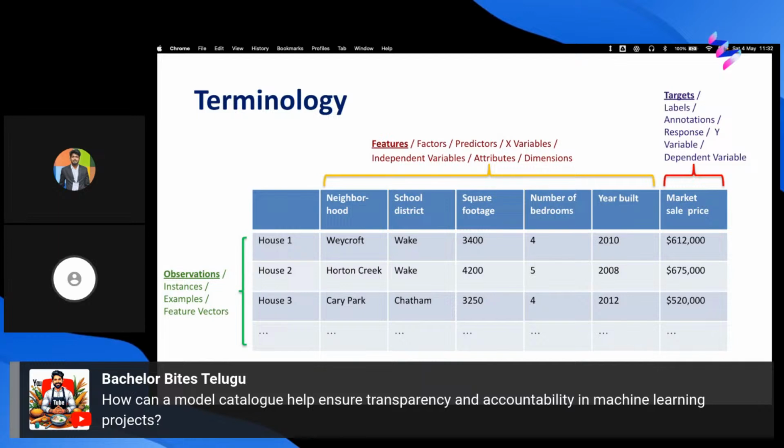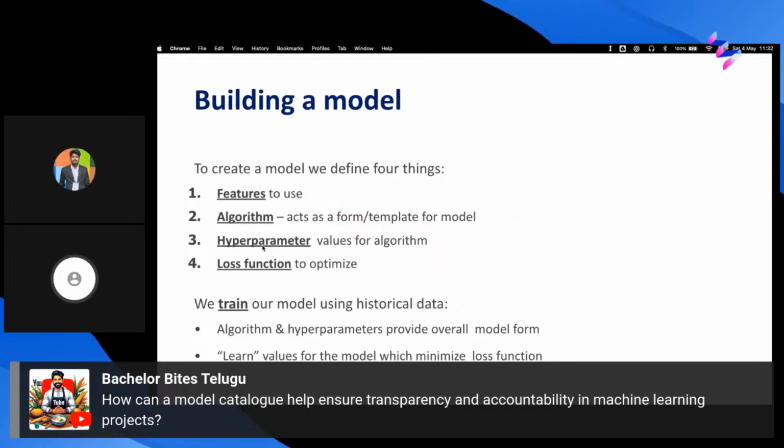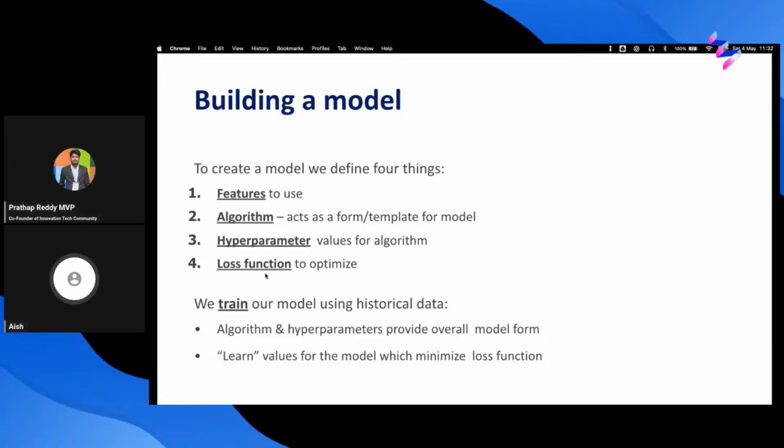So my loss function is the subtraction of both of these, and I now try to optimize for that. In any ML model, we always try to optimize the loss function so that our ML model predicts things as accurately as possible. We train our model using historical data, the algorithm and hyperparameters provide the model, and it learns the values from the data and minimizes the loss function. So these are the 3-4 main things in an ML model.